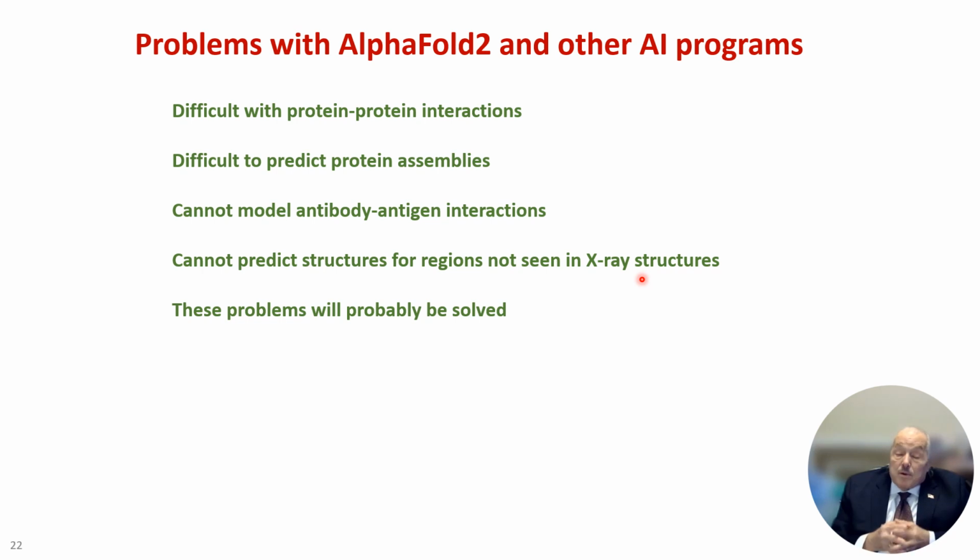It was thought that when you could predict the 3D structure of proteins, you could predict the antigen binding site of an immunoglobulin, and then you could see if that antigen binding site matched the drug you were trying to develop, and it was found that that didn't work very well. You couldn't predict the antigen-antibody interactions using the present AI programs. These problems, I think, will be solved in the pretty near future.